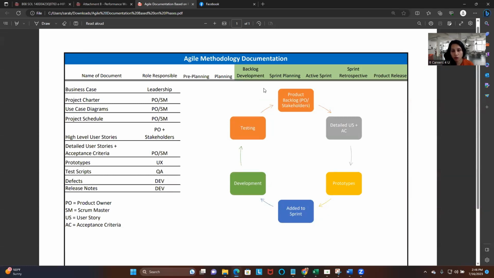So if they have 2-week sprints, things in the sprint backlog will be completed in 2 weeks. If you have a 4-week sprint, things in the sprint backlog will be completed in the 4 weeks. And then as we complete those user stories in a given sprint, we go back, look at the product backlog, pick up our high priority user stories, place them in the sprint backlog, and the process continues, right?